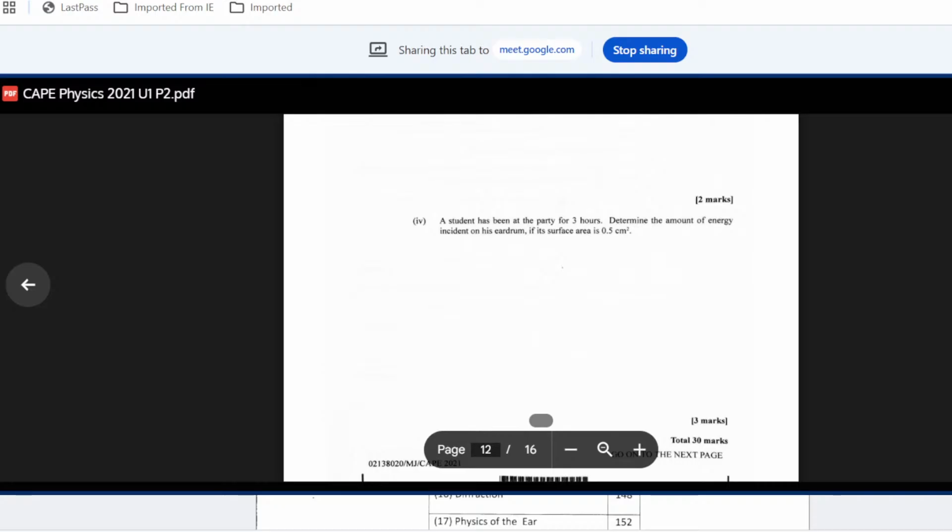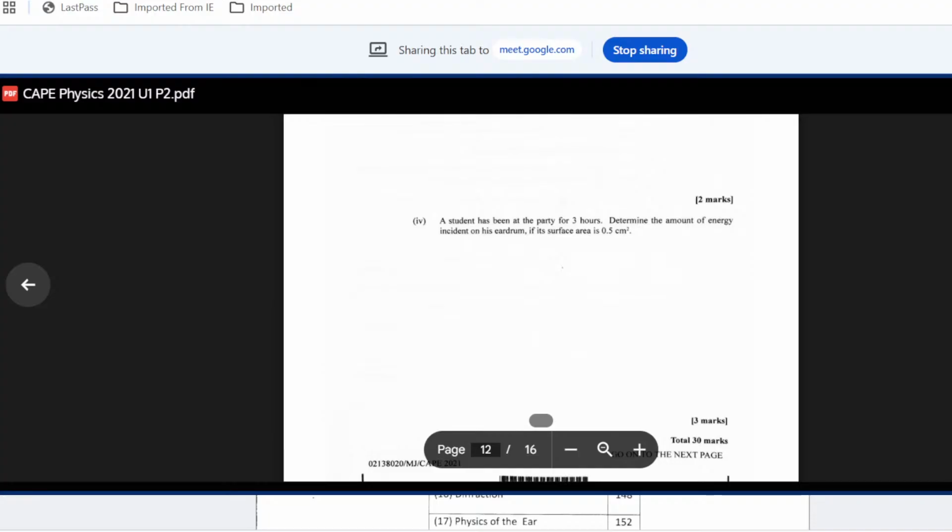So it's going to be 5 times 10 to negative 8 over 10,800, which is equal to 4.63 times 10 to the negative 12.